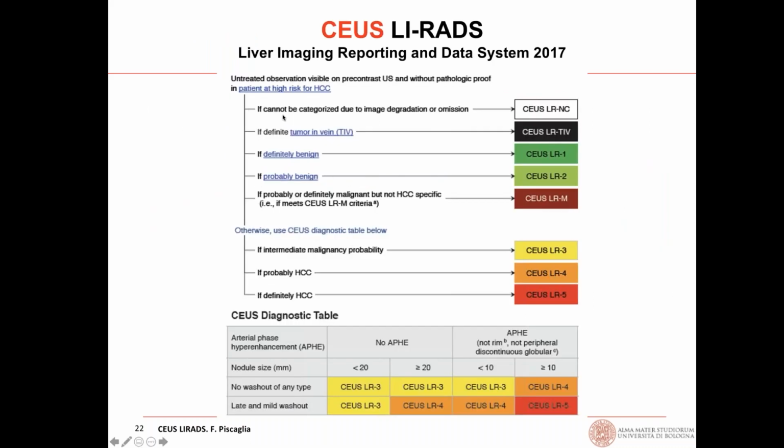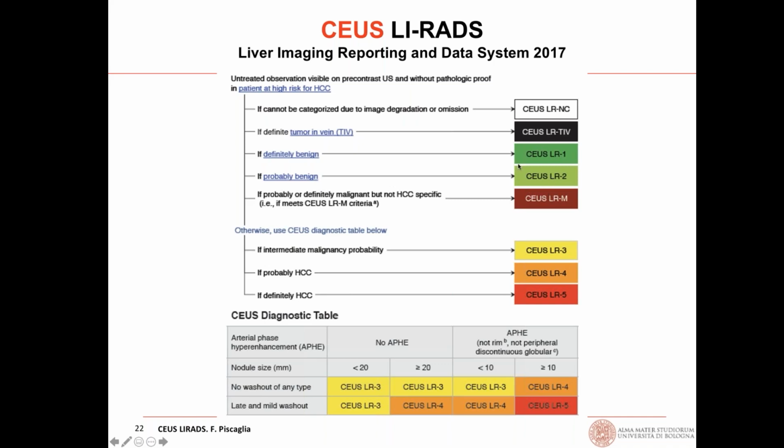Then, when we see a lesion, we classify it according to the CEUS pattern. The lesion might invade the portal vessels or the hepatic veins, so we have a tumor in vein, or we grade it, and we will see how: from CEUS LI-RADS 1, a lesion that is definitively 100% certain benign, LI-RADS 2, when it is very highly probably benign, and in this pattern there should be less than 10% of cases which finally are HCC.